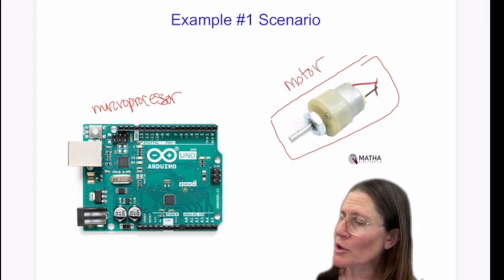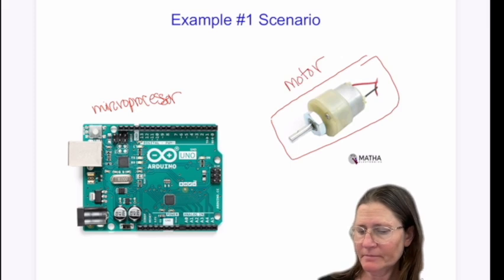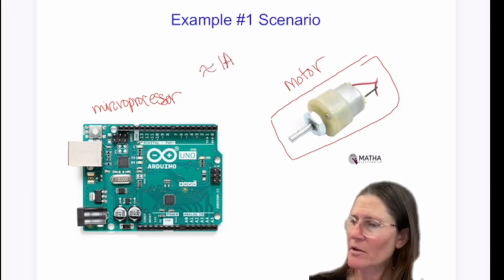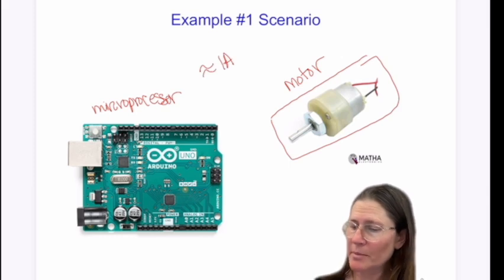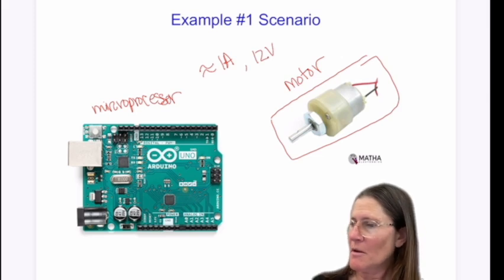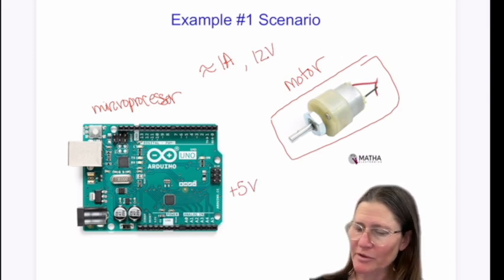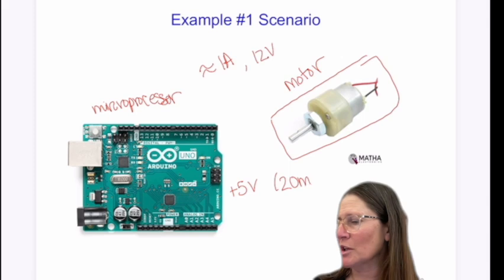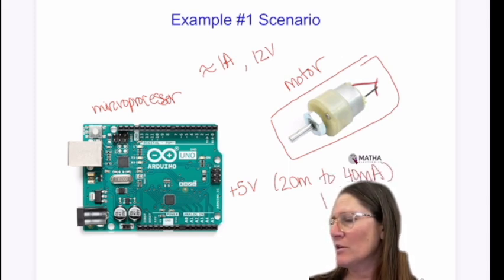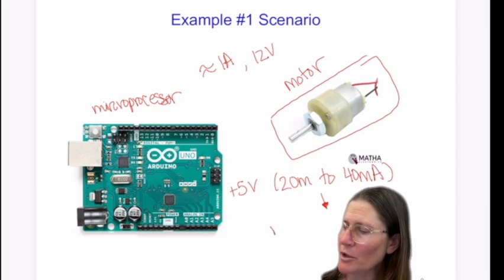So this is your motor. Sometimes you need 1 amp, sometimes even 12 volts to turn on your motor. Out of a microprocessor, you usually get just 5 volts and 20 to 40 milliamps, so you usually don't have enough from a microcontroller.